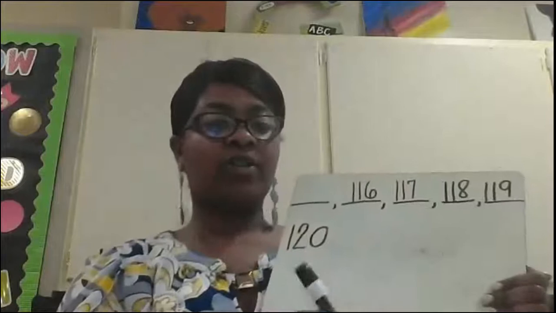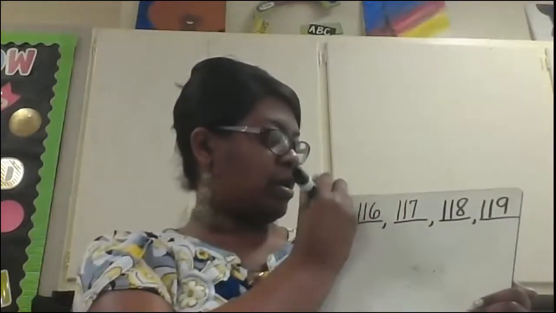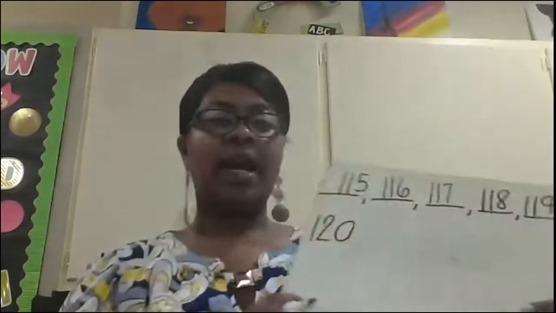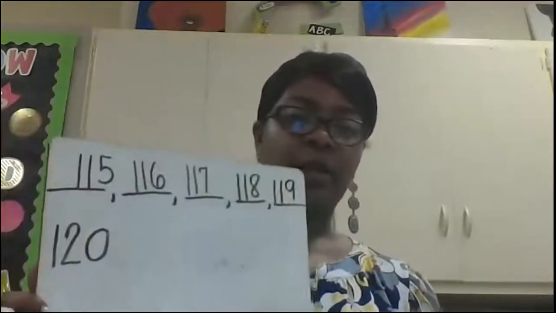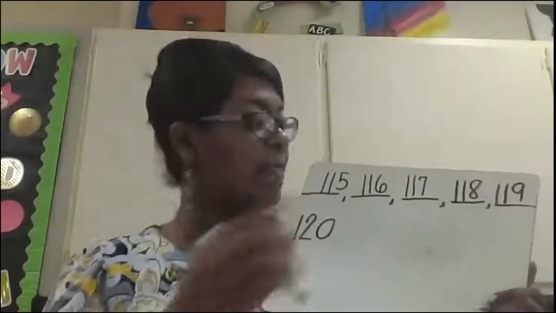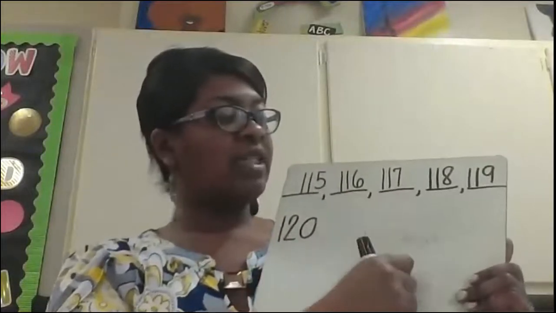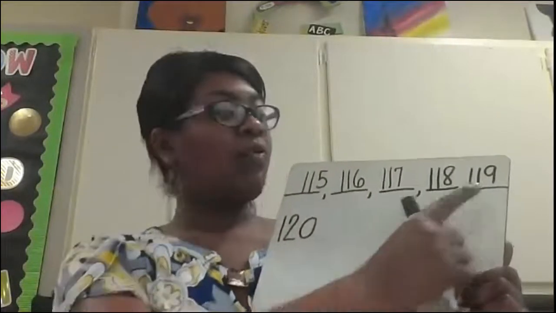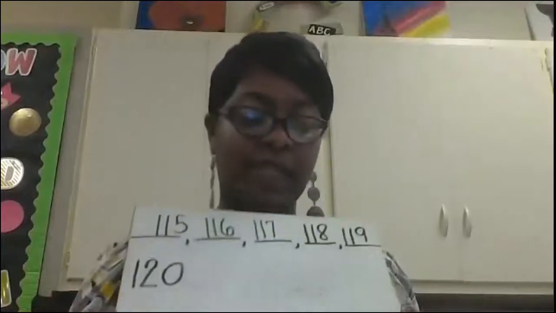And before 116, 115. So now, if I ask you to count forward, I would start at 115 and I would end at 120. 115, 116, 117, 118, 119, 120. Okay? So we did that hot problem together.